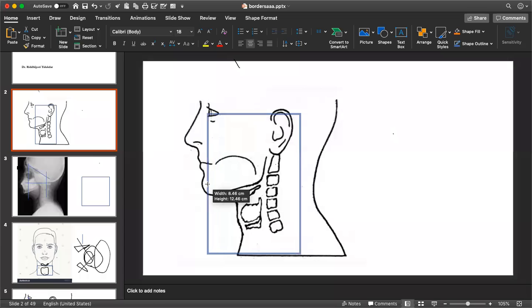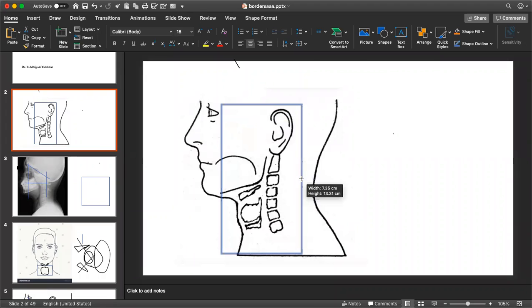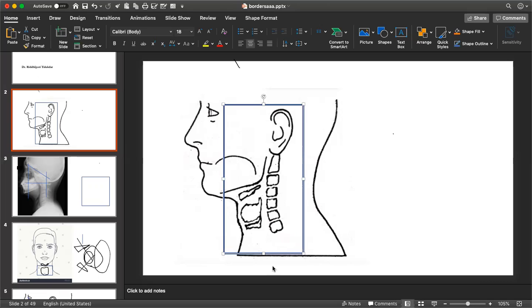For the lateral field, the entire nasopharynx and everything was treated, so the superior border includes the nasopharynx and the cranial base. Posteriorly, you go up to the C2 vertebral spinous process. Anteriorly, it's the 2/3 of the tongue, or you include half of the mandible. And inferiorly, you go up to the thyroid notch.